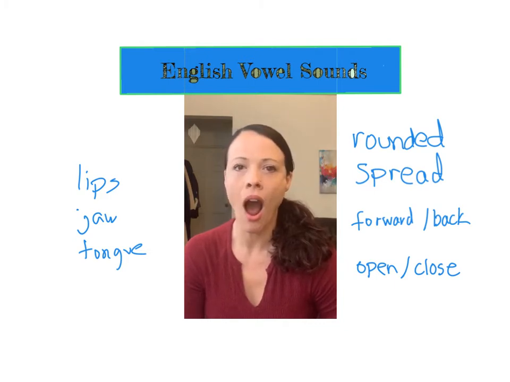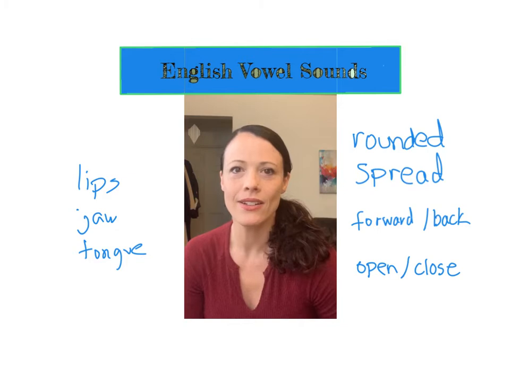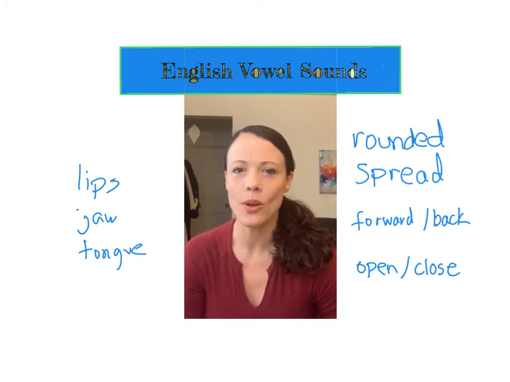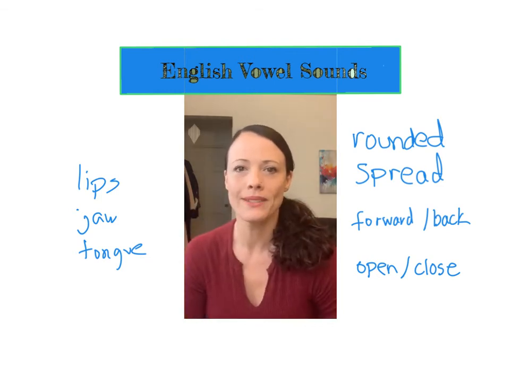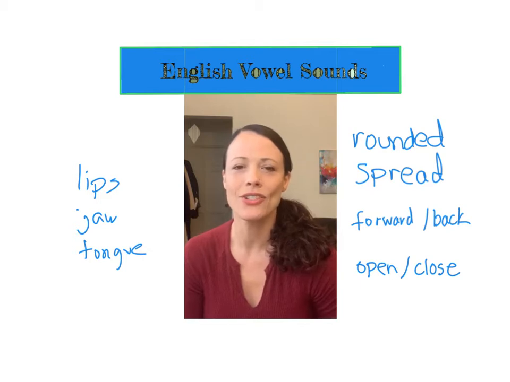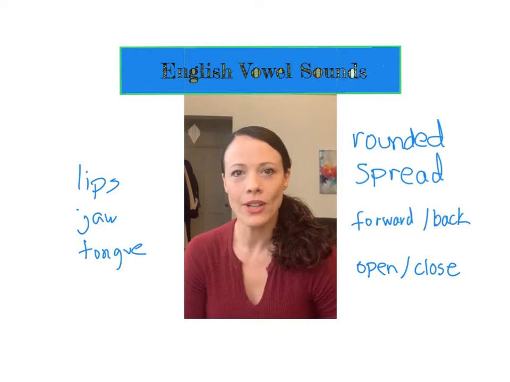As you make that ah sound, it's like you're at the doctor, right? When he says, open your mouth. So your jaw is open. When you make the E sound, your jaw is very closed. So now we're gonna look at vowels in different groups and think about the lips, the jaw, and the tongue while you make it.